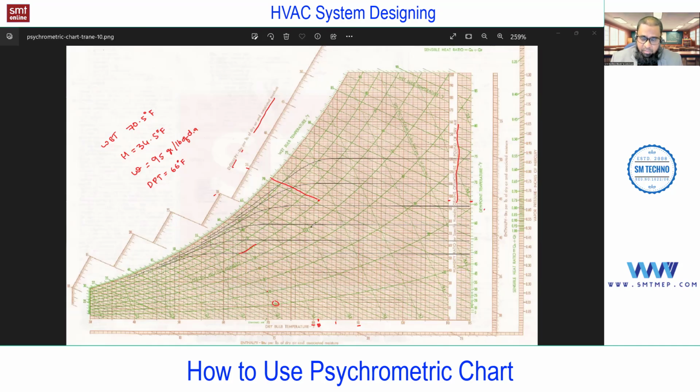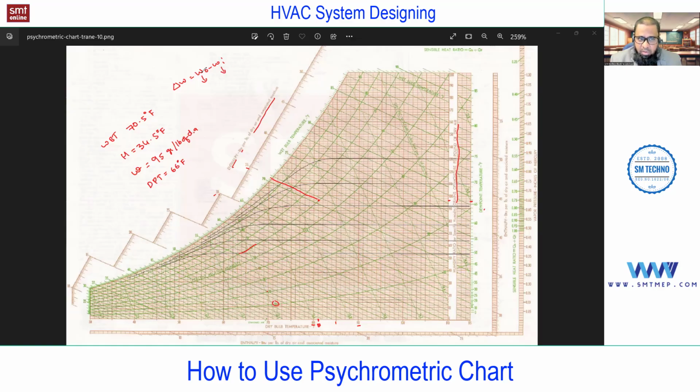At the time of load calculation, we require these properties of air to find out the heat gain through ventilation or infiltration. For delta W, this delta refers to the humidity ratio. So the difference in humidity ratio is required. We can find this out with two properties of the room air or the outside air. For example, delta W means we require WO minus WI. WO is the outside humidity ratio. WI is the inside humidity ratio.